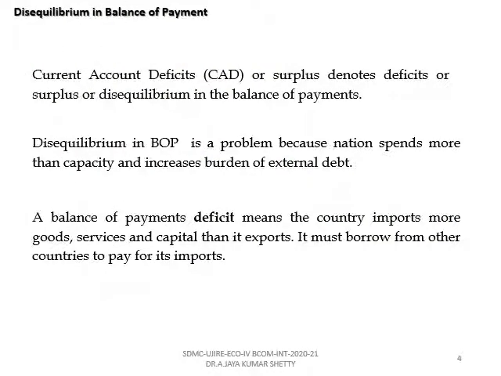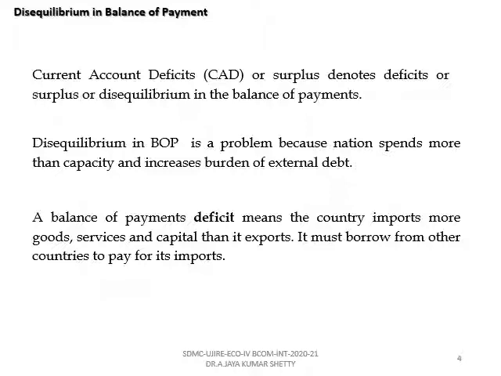Generally, balance of payment disequilibrium means imbalance in the current account of the balance of payment account. So, current account deficit means the deficit in the balance of payment account. Disequilibrium in the balance of payment is a problem because nations spend more than capacity and increase the burden of external debt.